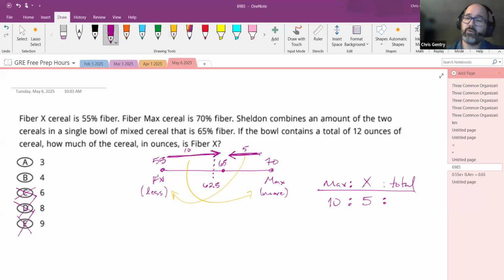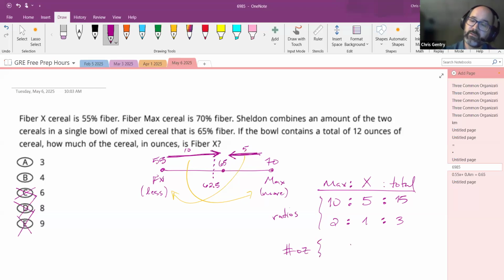I have 10 units of pull, 5 units of pull, that is 15 total units. That creates my ratio. That tells me that I used 2 parts Max for every 1 part X for 3 parts total. I put this together in a 2-to-1 ratio. These are my ratios. Now I need to figure out my actual number of ounces.